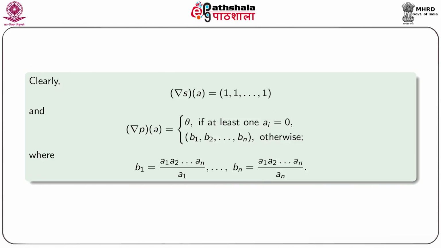Clearly here grad S at the point a equals 1 1 1 1 1, and grad P at the point a equals theta if at least one a i vanishes, otherwise it is B1, B2 up to Bn, where B1 is P a by a1, B2 equal to P a by a2 and so on, Bn equal to P a by an.